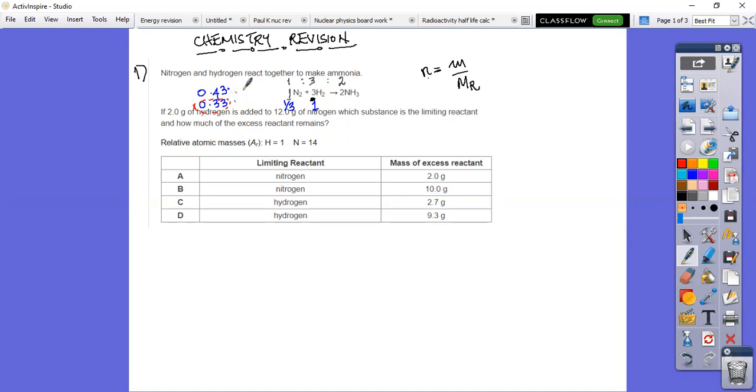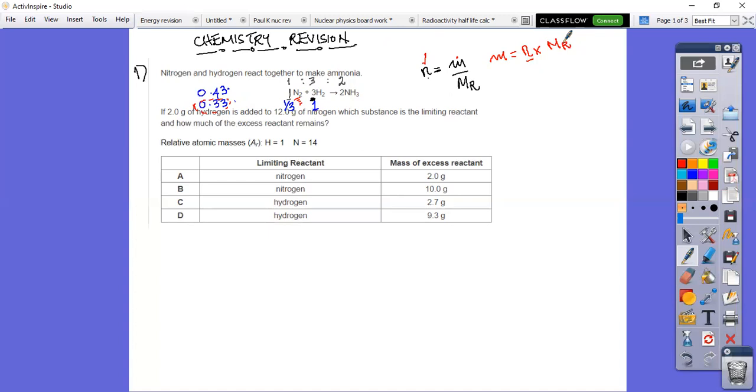We know which one is the excess reactant, and the excess reactant is nitrogen. And do we know how many moles of nitrogen are going to react? If we know the number of moles, we can work out the mass, because the mass that will react is the number of moles that are going to react multiplied by the molar mass of the nitrogen.